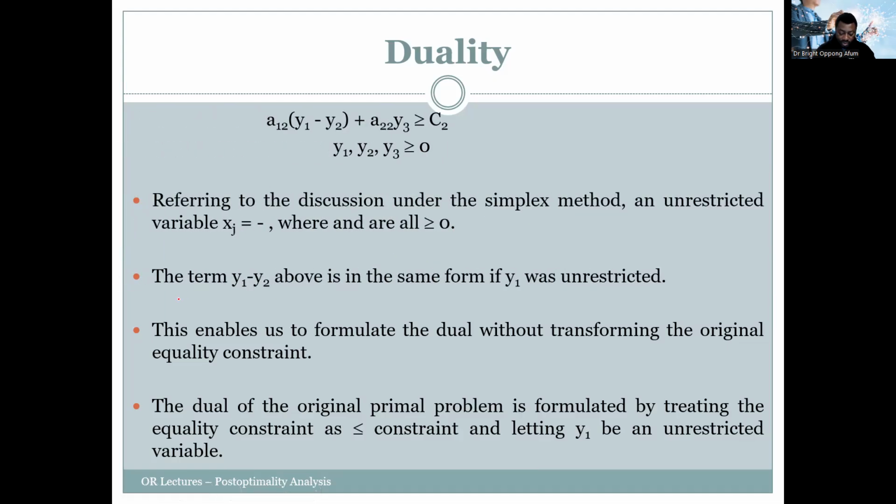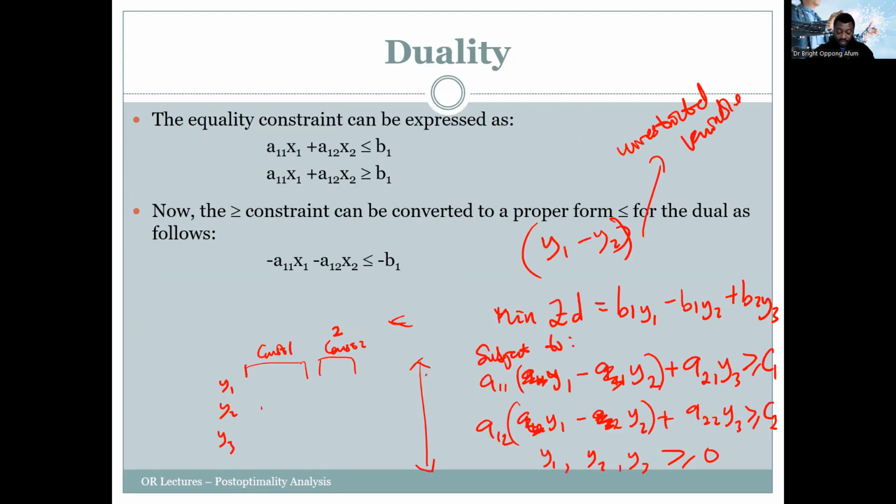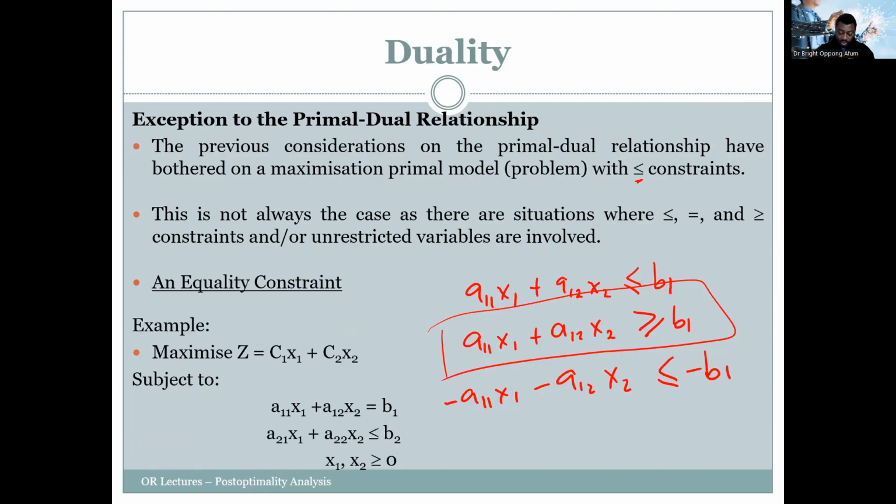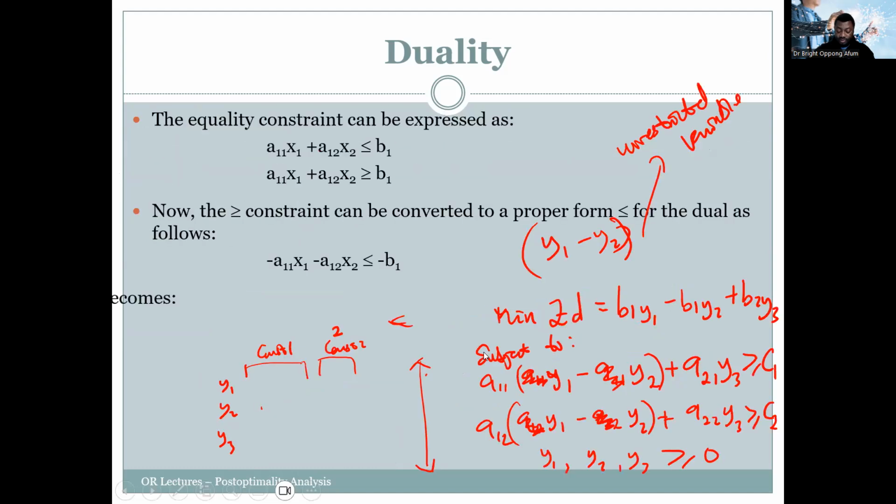So the term x1 minus y1 minus y2, which is this, is in the form of y1 plus unrestricted, right? This enables us to formulate the dual without transforming the original equality constraint. So we don't need to go through the transformation. As soon as we see an equality constraint in the original problem, then we'll see that y1 is unrestricted.